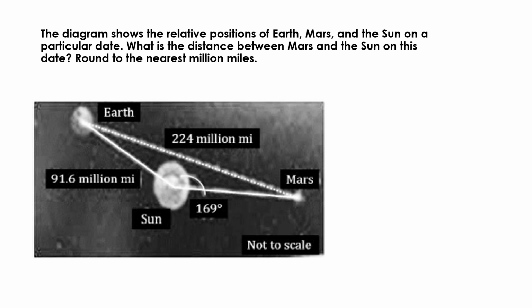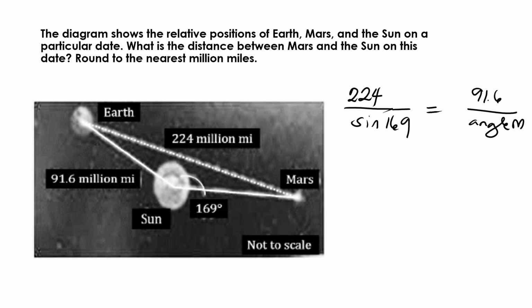So that's 224 over sine 169 is equal to 91.6 over your angle of Mars. Sila yung magkatapat. That's angle M. Then, sine angle M. I'm sorry, so sine angle M.